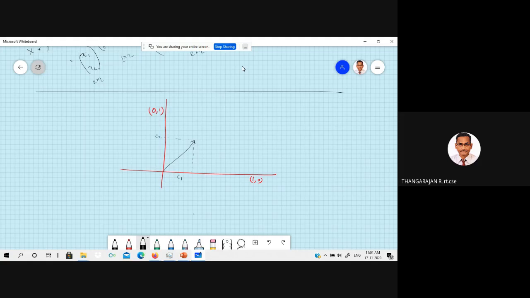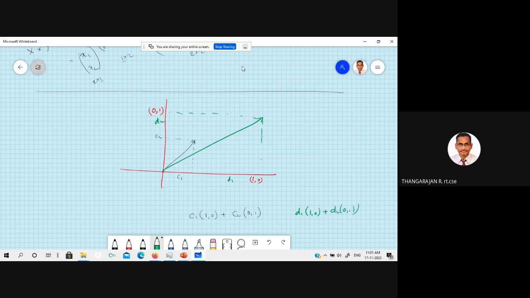So it will be C1 times 1, 0 plus C2 times 0, 1. The other vector I will draw has some number D1 and some number D2. So this is D1 times 1, 0 plus D2 times 0, 1.